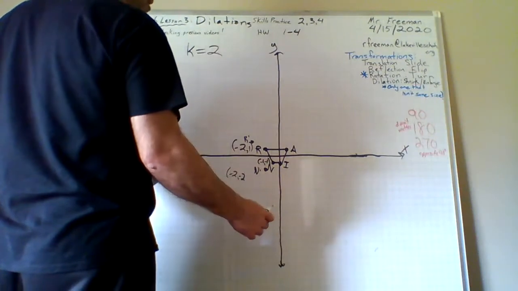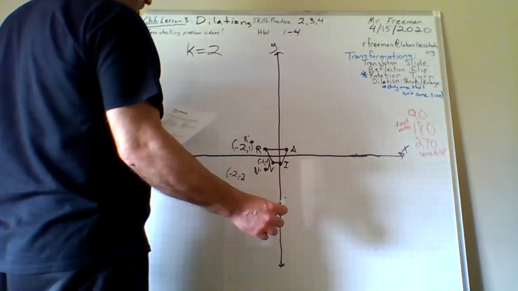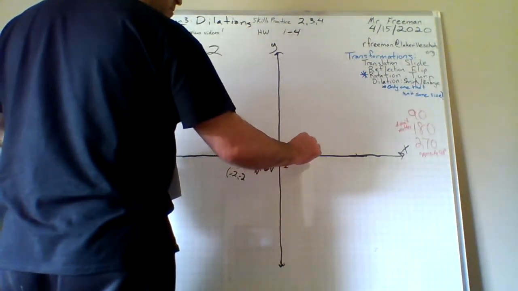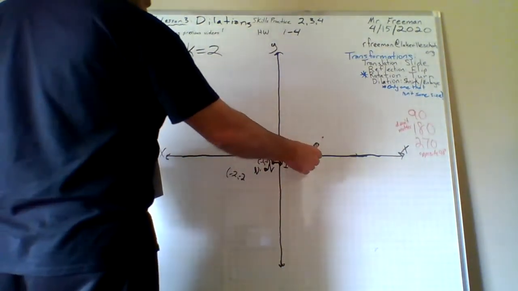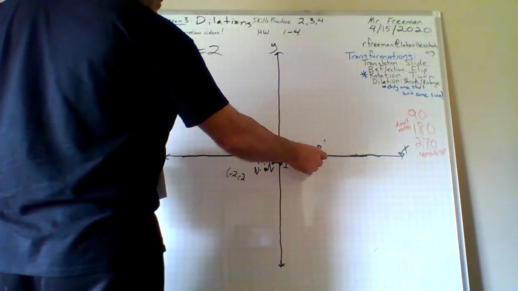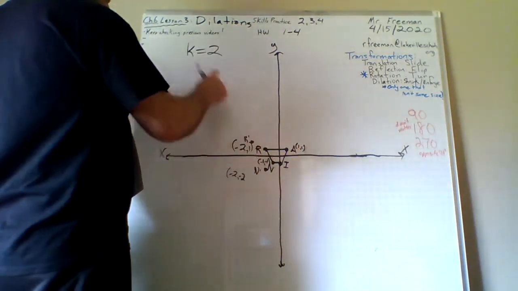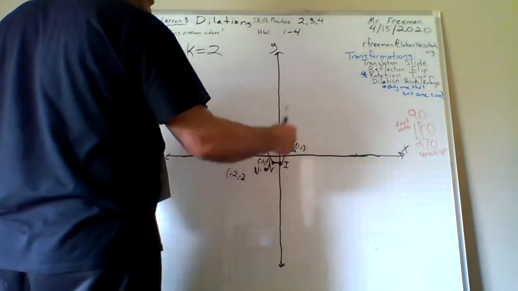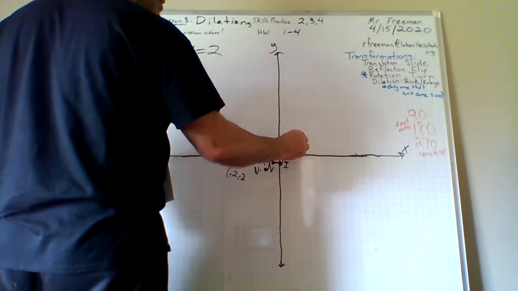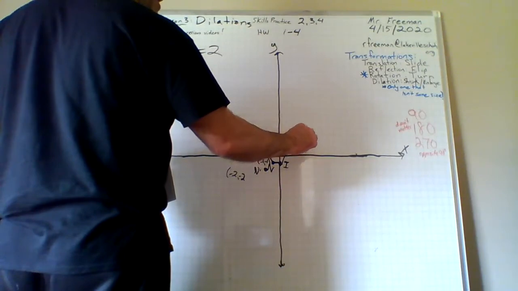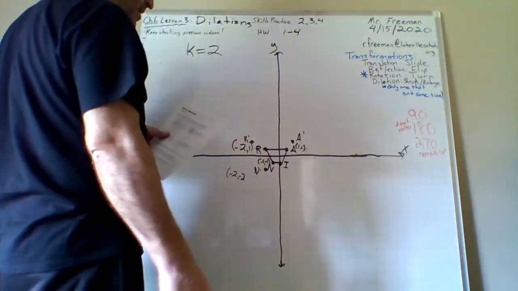Okay, my a, let's go over to my a. My a was at 1, 1. And well, 2 times 1 and 1 is 2 and 2. 2, 2. So my new a prime is going to be there.